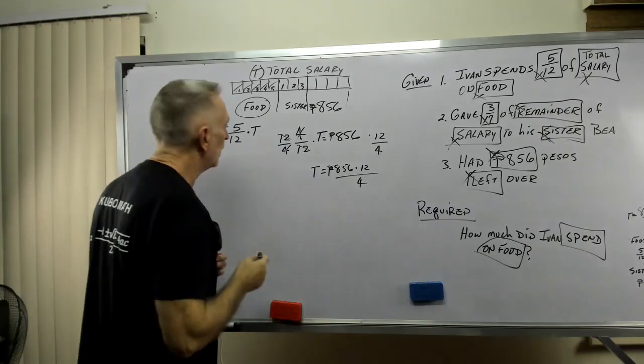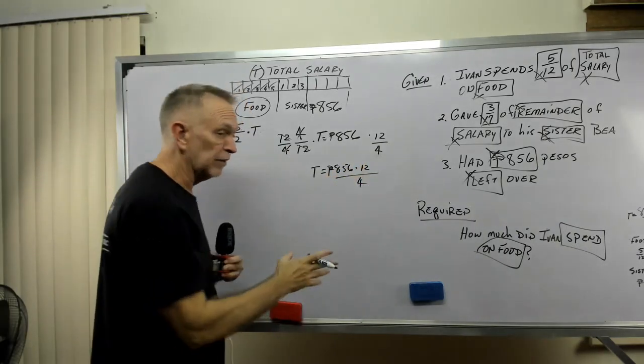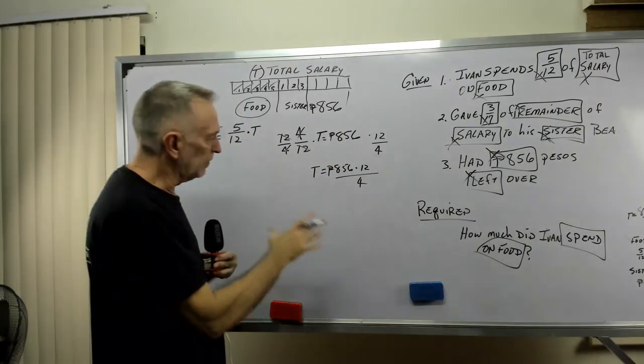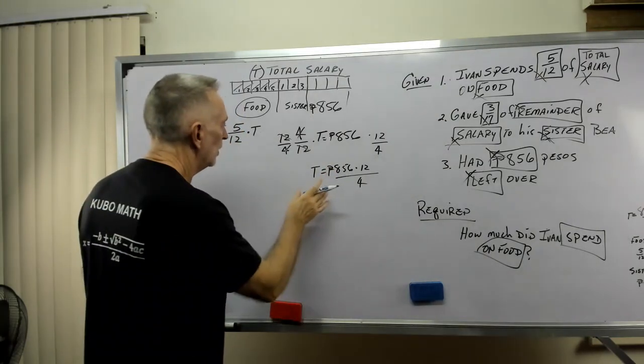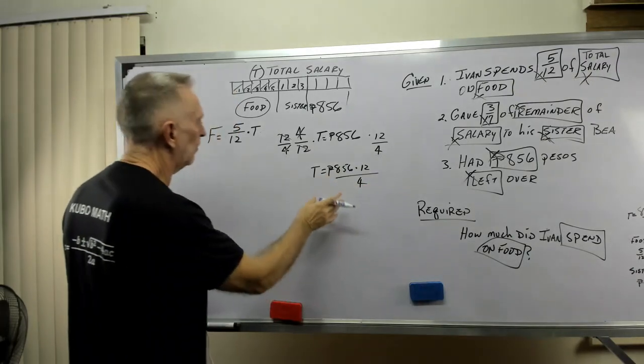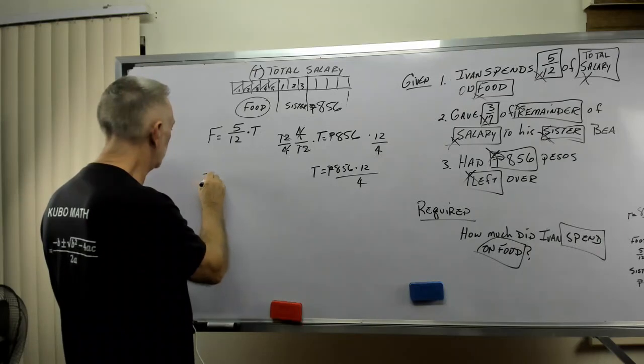Okay? Now you could say, well, wait, 12 divided by 4 is 3. 3 times 856, and you'd get a number. That's true. But instead of doing all of that, why don't we just put it in our formula here for food?